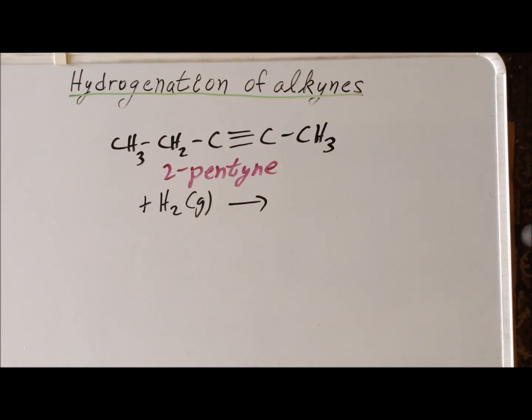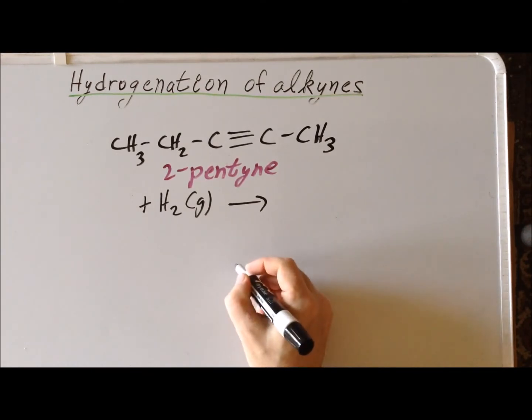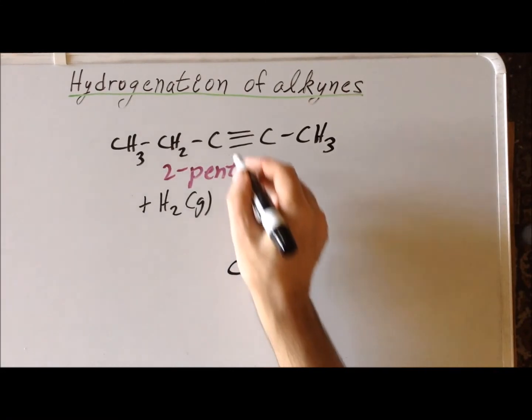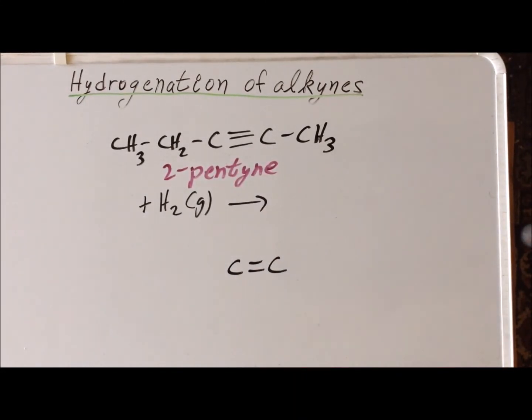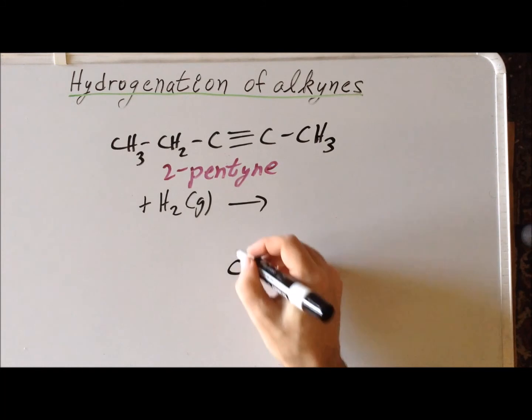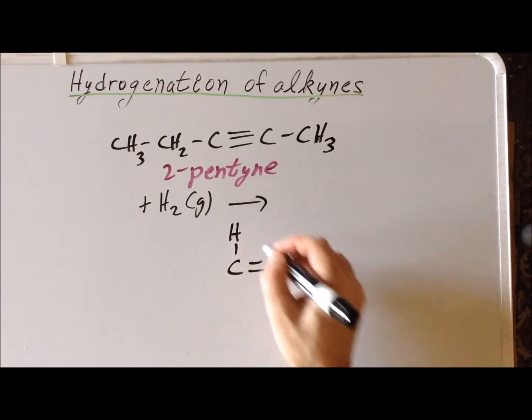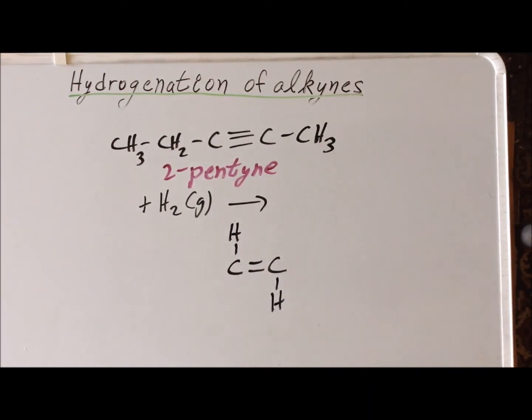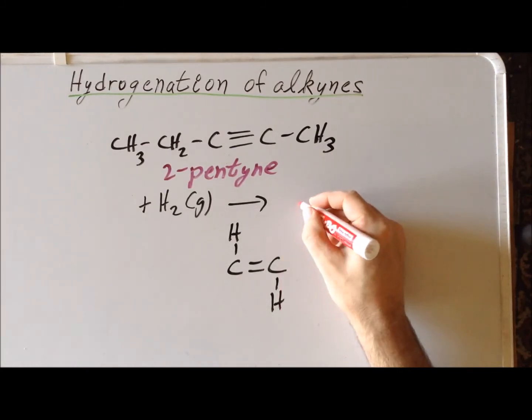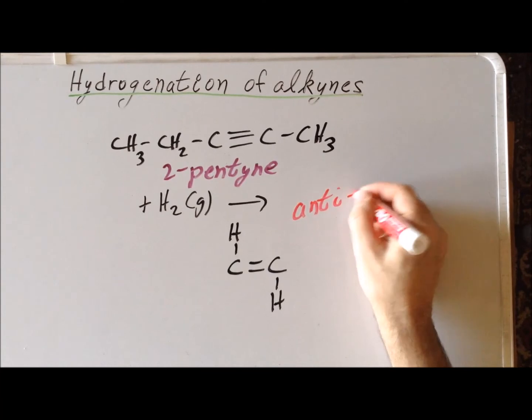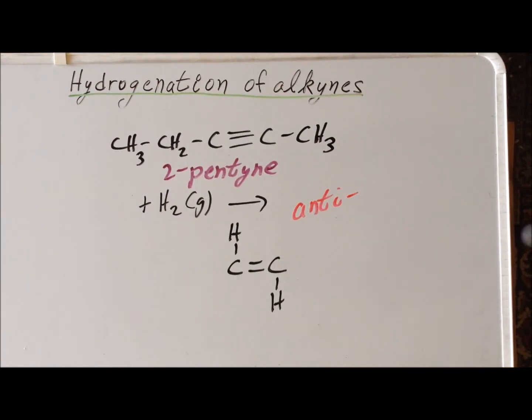Now, suppose instead of using the Lindlar catalyst, we had used lithium or sodium metal in liquid ammonia. Well, what would we get then? We would have reduced our carbon-carbon triple bond to a double bond, but now with the hydrogen atoms on opposite sides. Let me just note this right away. This is anti-addition, anti because it's on opposite sides of the carbon-carbon bond.